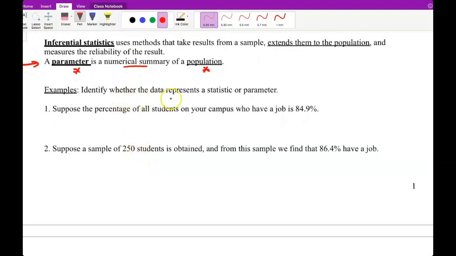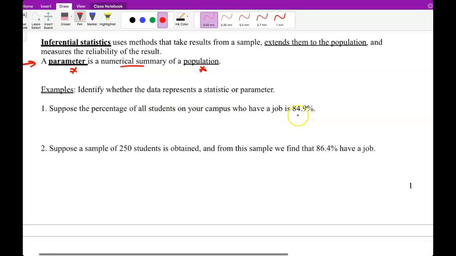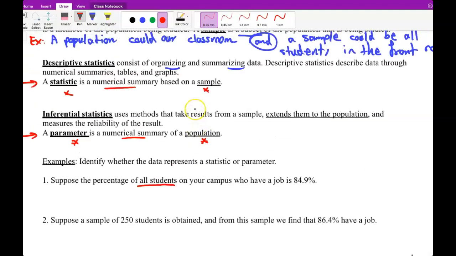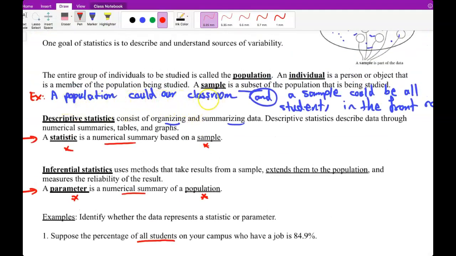Example: identify whether the data represents a statistic or a parameter. Number 1, suppose the percentage of all students on your campus who have a job is 84.9%. What we have here is this part, all students. So what we're using here is all students on your campus, which is exactly the same as all students in our classroom. That one was the population.